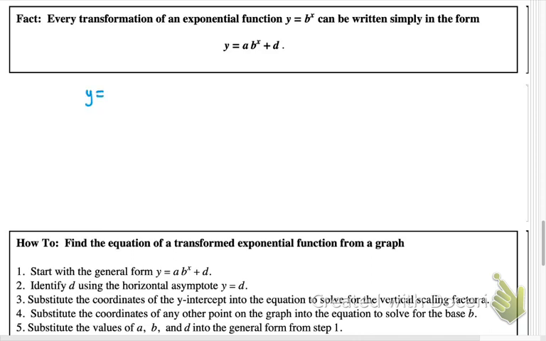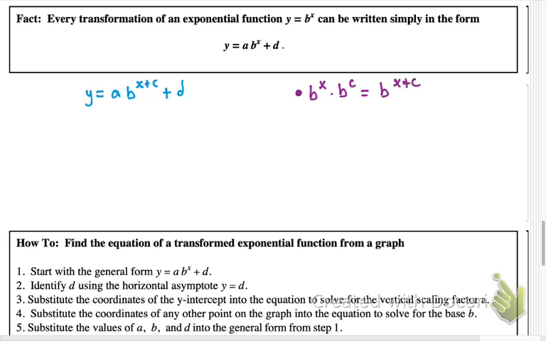So you might remember from the previous box above, but the general form of a transformation of b to the x is y equals a times b to the x plus c, plus d. Now, a couple facts or reminders. First of all, if I take b to the x times b to the c power, that can just be simply written as b to the x plus c.